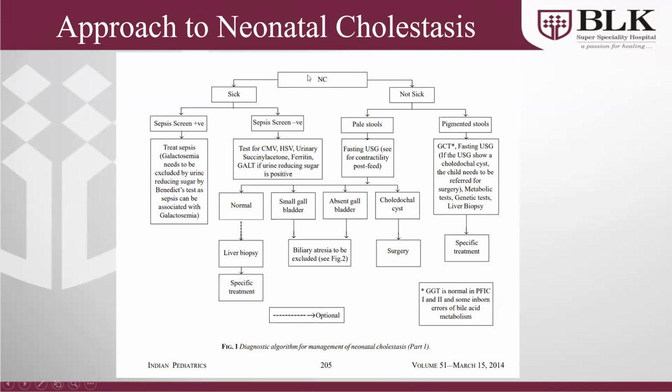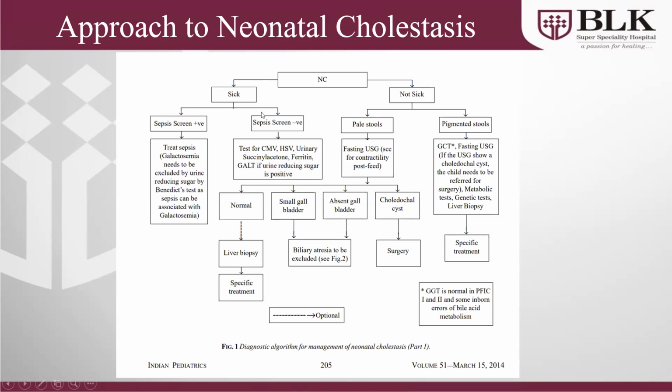So the first and foremost step is to differentiate whether the child is sick or not sick. If a child with neonatal cholestasis is sick, then order a sepsis screen. If sepsis screen is positive, most likely conjugated hyperbilirubinemia is due to sepsis or galactosemia, as discussed earlier. So treat sepsis at the earliest and always look for underlying galactosemia.